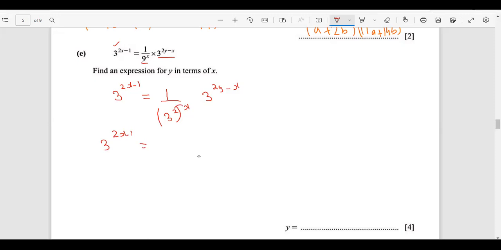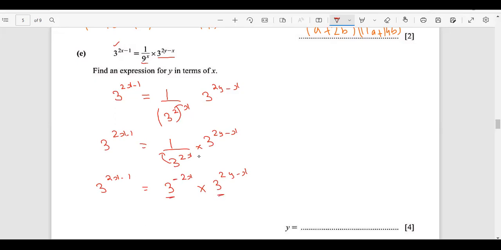So this 2 into x would give me 2x. 1 by 3, 2x into 3, 2y minus x. This would be 3, 2x minus 1, and I can take this to the numerator. So 3 to the power minus 2x multiplied by 3, 2y minus x.